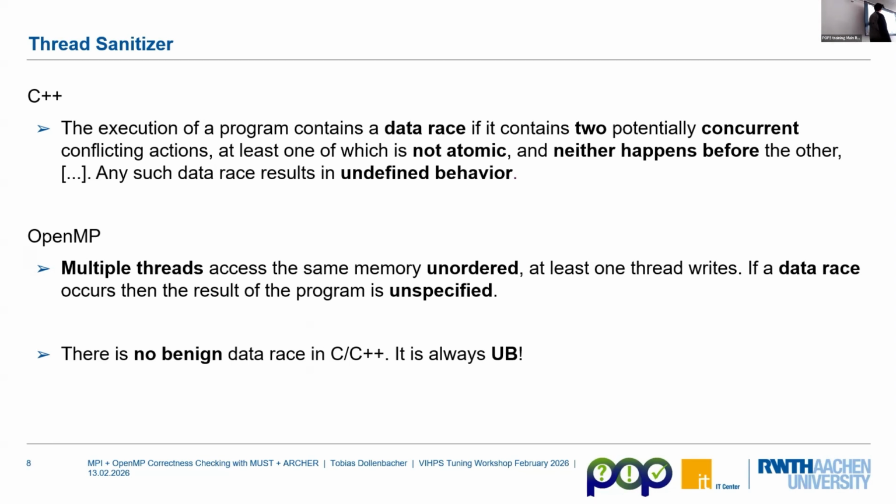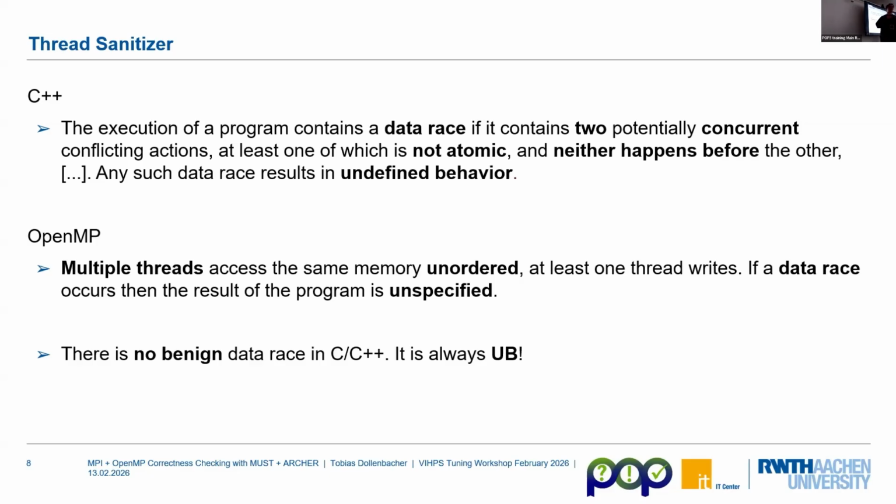As I said, we have two threads accessing the same memory location, with one of them being a write, without proper synchronization. For C, proper synchronization means we either have an atomic, which makes sure that this memory location is only accessed by one thread at once, or the other one is synchronization, and this just says neither happens before the other.